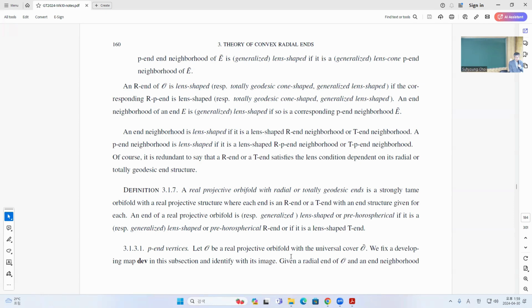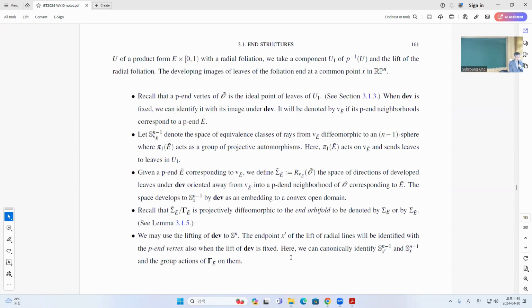So also we can define PN bodies. A PN body for an R-end is the set of ideal points of the leaves of U1. If you take the neighborhood like this, you can identify it with this image on the depth when the depth is fixed. And I should say it's an embedding when it's an embedding at the ideal point.